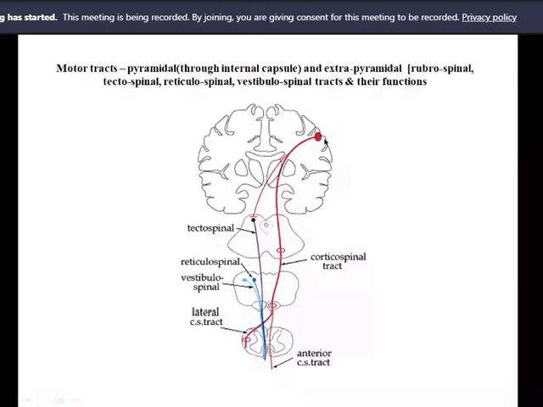This one is pyramidal tract. So it starts from the motor cortex and then it crosses in the medulla. This is medulla. This is midbrain, then pons, then medulla, then spinal cord.